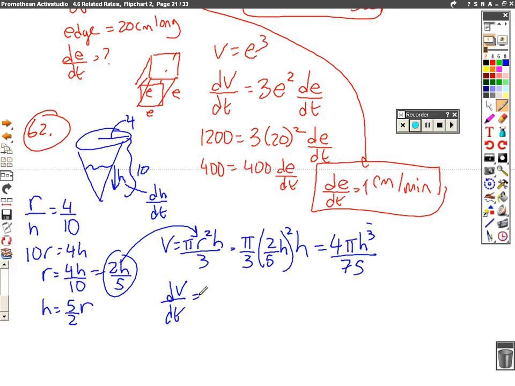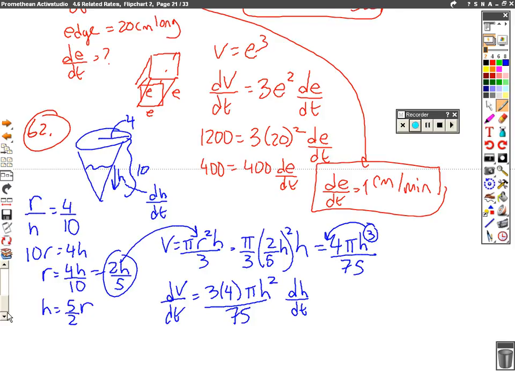So we're going to bring down the 3. We've got 3 times 4 pi h squared dH/dt all over 75. Now we plug in everything else we know. We know that water is draining from the conical tank at a rate of 5 cubic feet per minute.